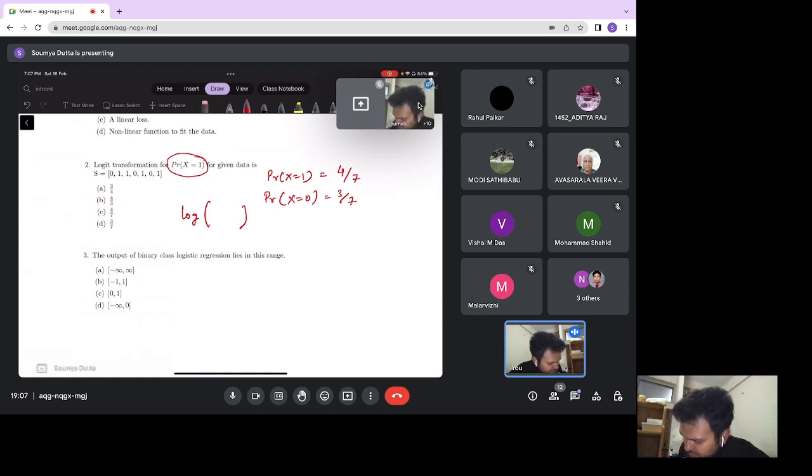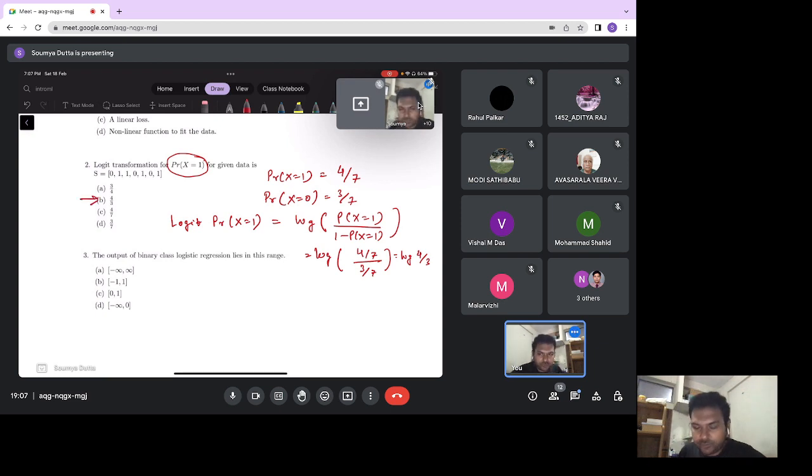So if you want the logit, let's write it this way. The logit for probability of x equal to 1 is defined in this way. And here, this is 4 by 7 by 3 by 7, and therefore the answer should be log of 4 by 3. Log is not there, and the corresponding answer has been marked as 4 by 3 in the last assignment, but ideally this should be log of 4 by 3. Okay.